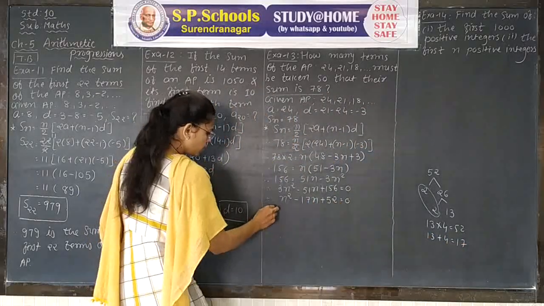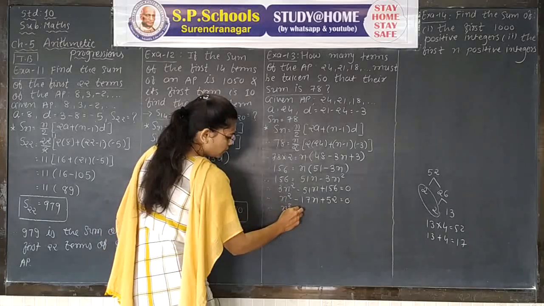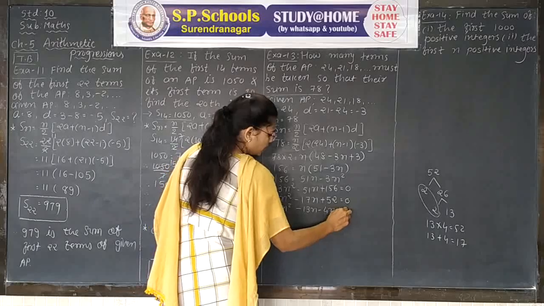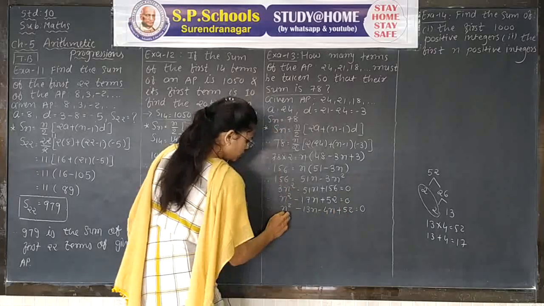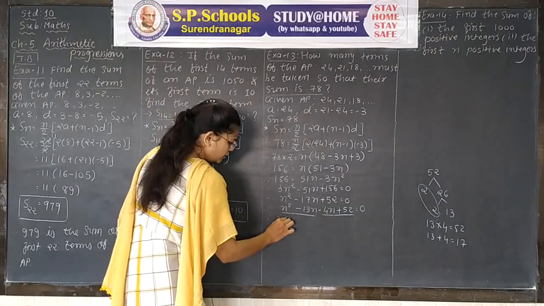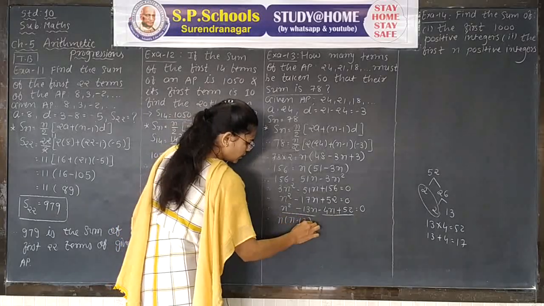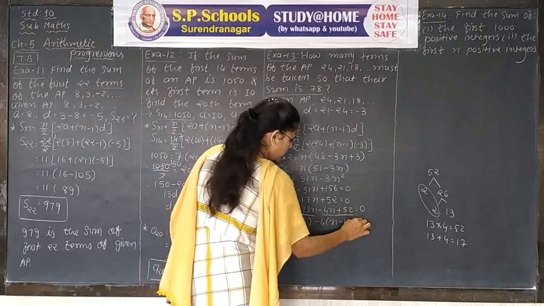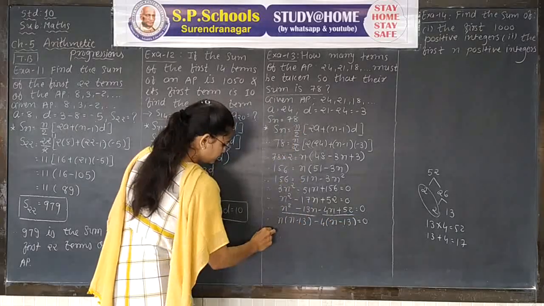The factors are obtained: n square minus 13n minus 4n plus 52 is equal to 0. Pair the first two terms and the last two terms: n into bracket n minus 13, minus 4 is common into bracket n minus 13 is equal to 0.